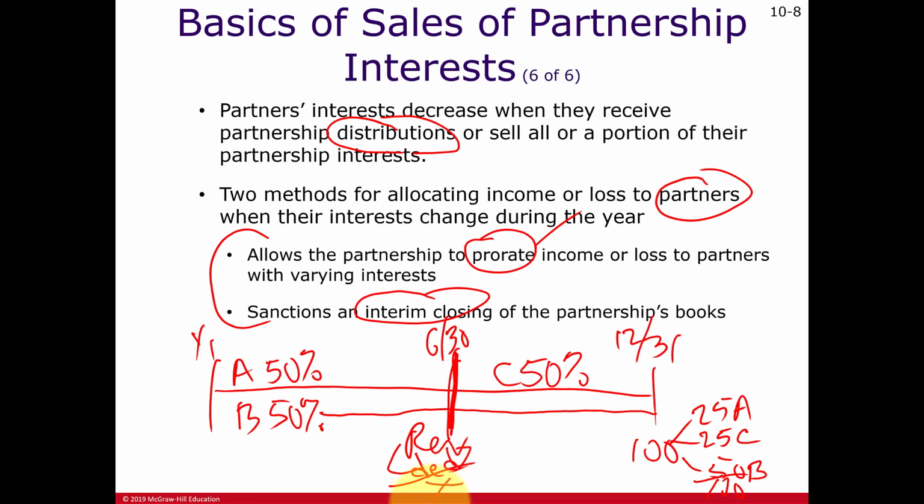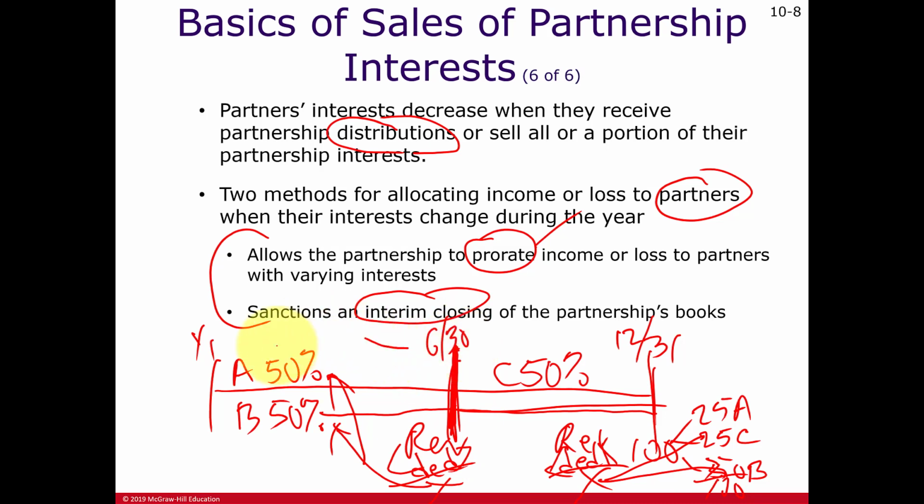And whatever that total is, you divide it 50-50 among partner A and B. And then for the rest of the year, again, you would close your books for revenue and expenses for the last half of the year and figure out the net income or loss and divide that up between partner C and B. And of course, it's hard to predict how things will work out by year end at the time of the sale of that partnership interest.